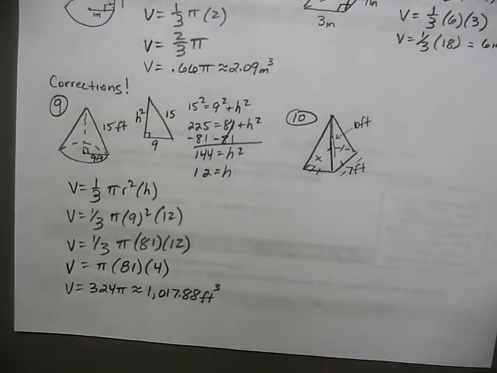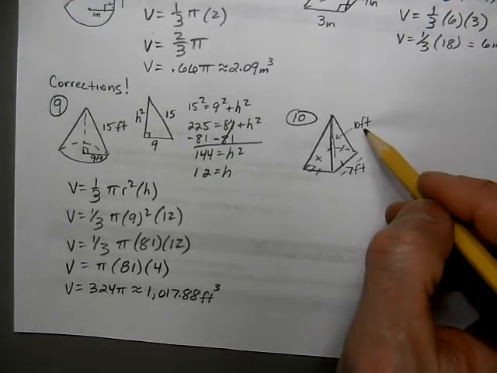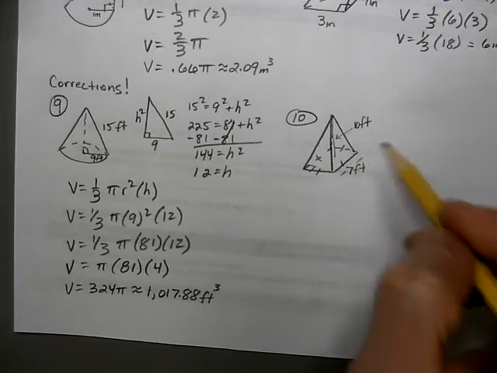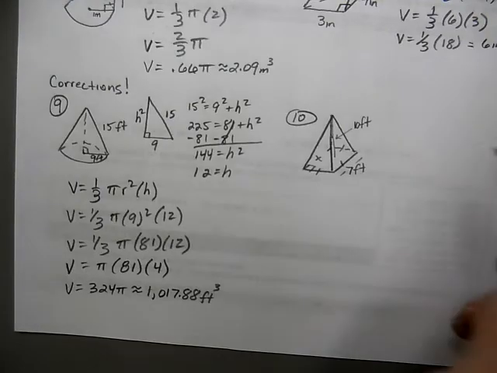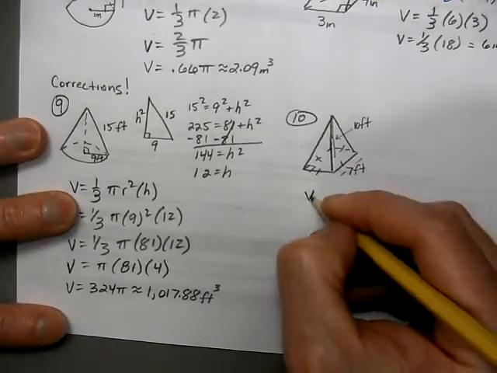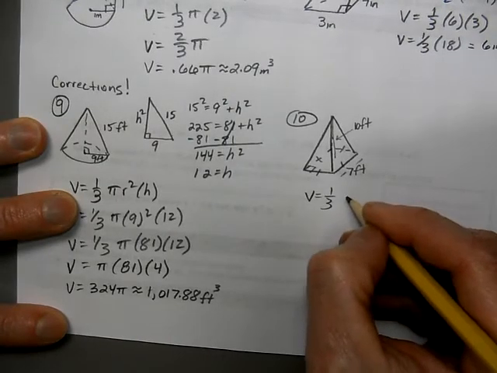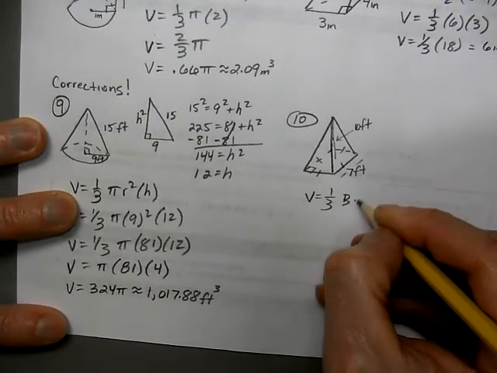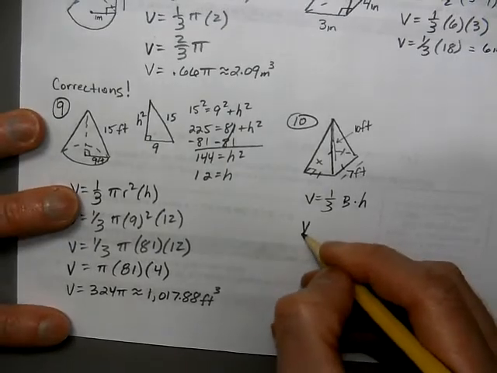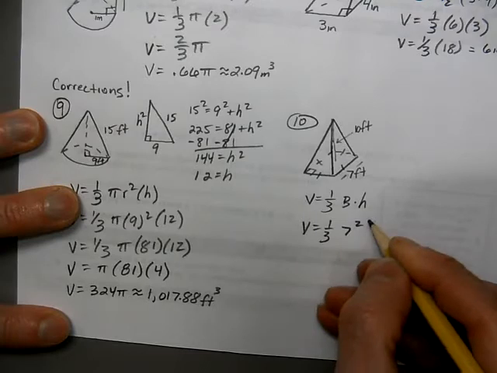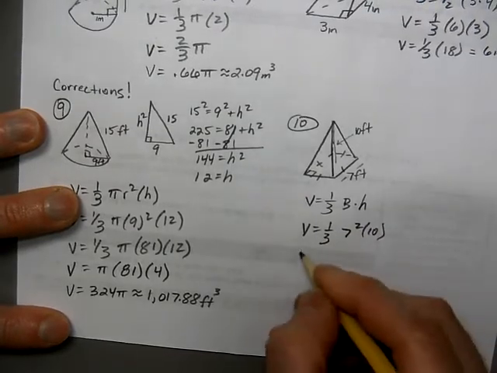For number 10, looking to see what incorrect method that they used, it looks like they used the formula for finding the volume to be half, but it's not half. The formula is 1/3 the base times the height. Since our base is a square, it's going to be 1/3 7 squared times 10.